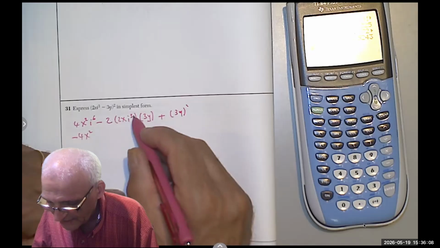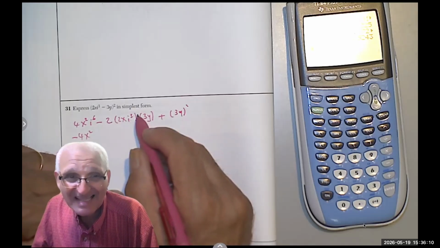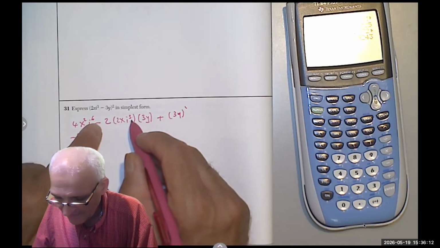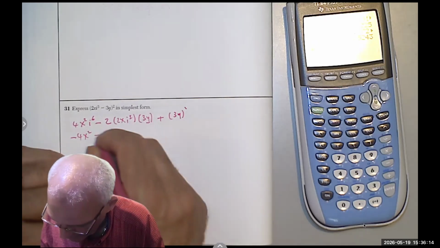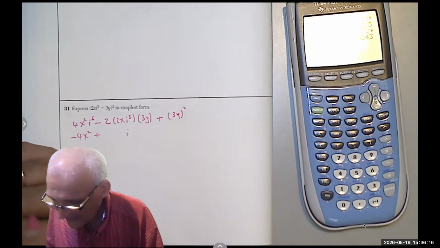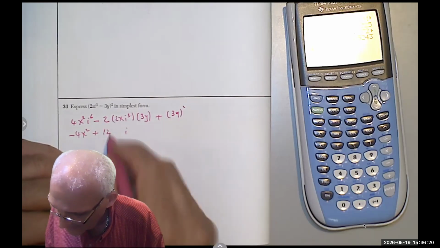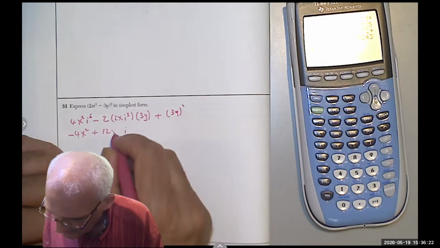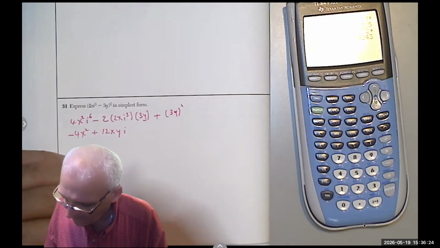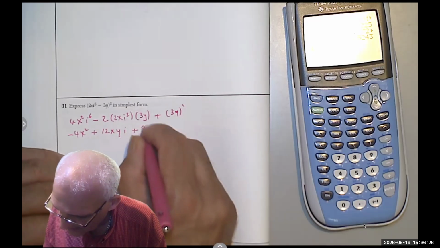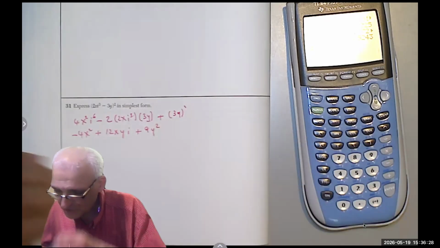Here I have i cubed. i cubed is negative i. Times negative becomes positive i. So there is a plus and there is an i. And then you multiply the numbers. 2 times 2 is 4 times 3 is 12xy. And finally, plus 9y squared, and that should be it.